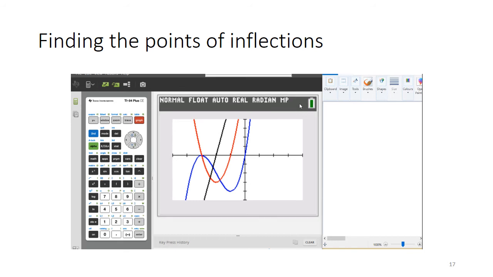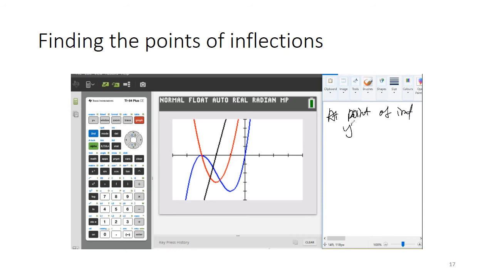Remember, at the point of inflection, what does the point of inflection show us? At the point of inflection, the second derivative would be 0, right? And there would also be a sign change from left to right of this point.